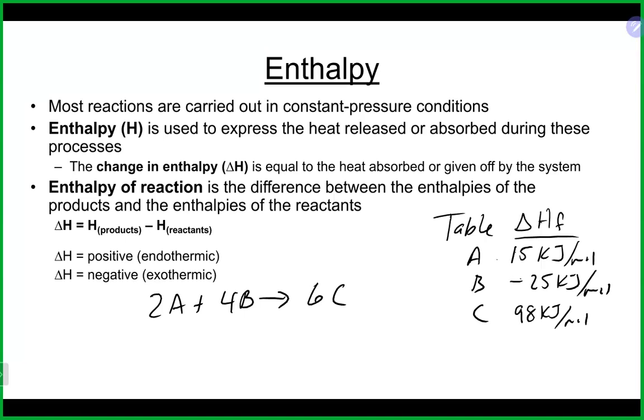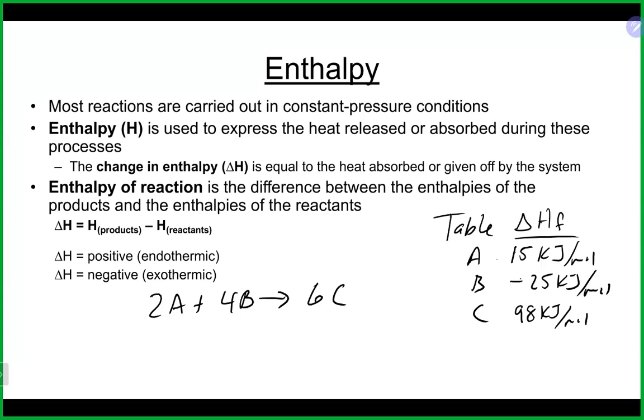It's really important when you go to the table that you find what you're looking for, and that you find it in the correct state: solid, liquid, gas, or aqueous, because there will be different values depending on the state. Most people screw that up when they go to the table for something like water. They just find the first water they see in there, and it could be gas, it could be solid, it might not be liquid. So you want to always make sure that you find it in the right state.